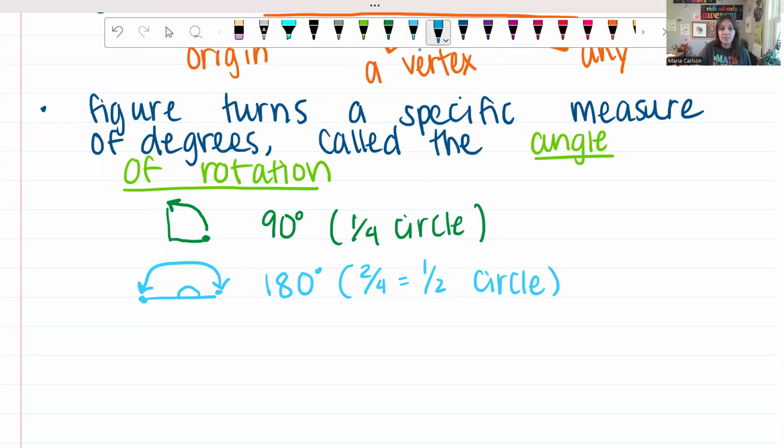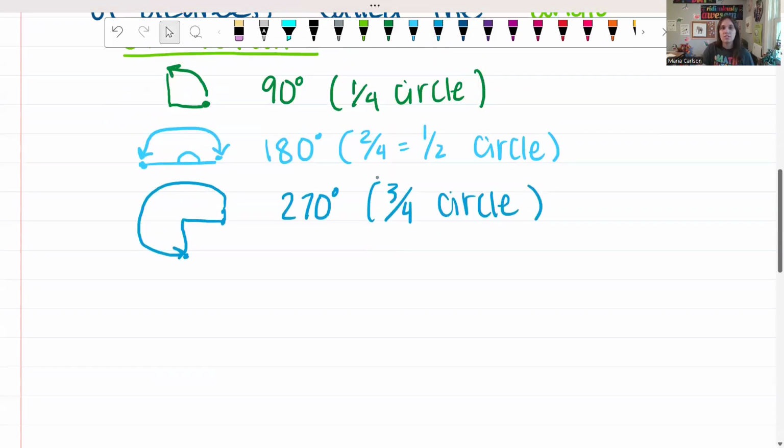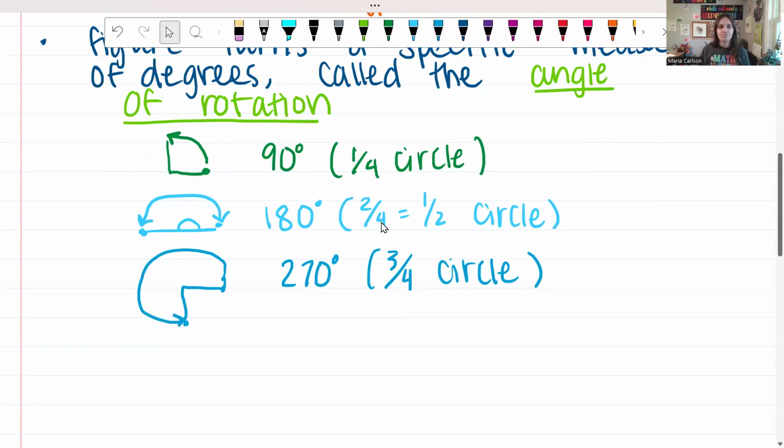Next we have 270 degrees, which is going to be 3/4 of a circle. So your point would spin all the way down here. So 270 degrees is 3/4 of a circle. You're just missing that last quarter. So if it spins all the way around, that would be 360 degrees.